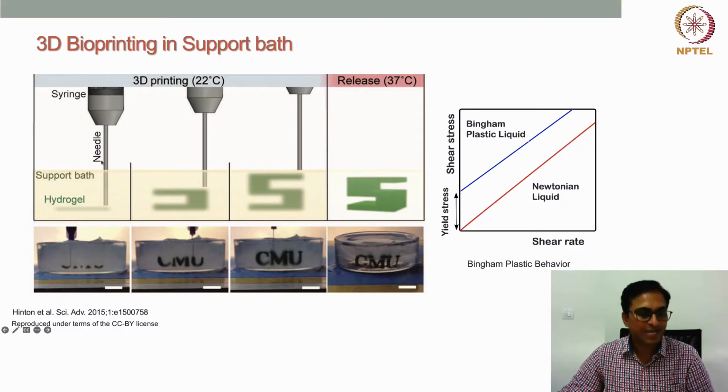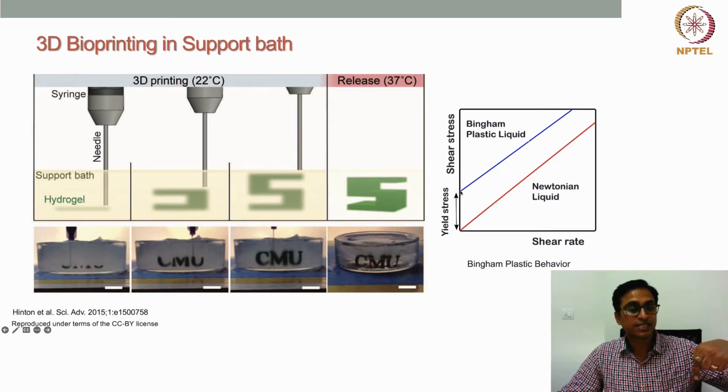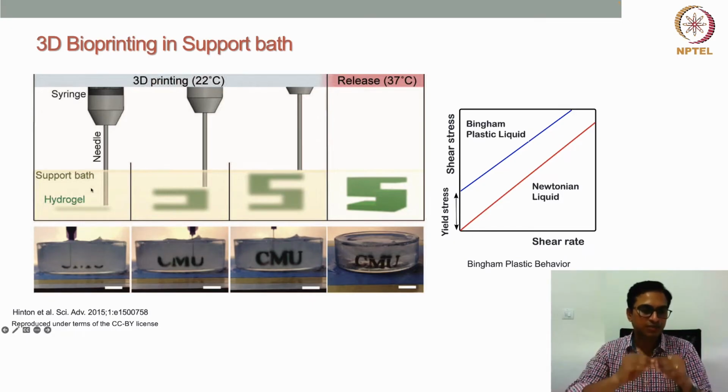But when I start moving the nozzle within the support bath, the support bath material withstands the pressure up to a certain level, till the yield stress. After that critical value, the nozzle can move, and the support bath material will also start flowing and behave like a liquid-like material.